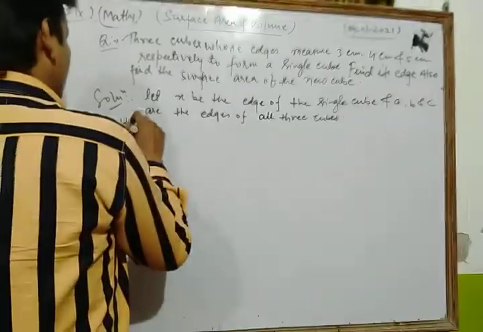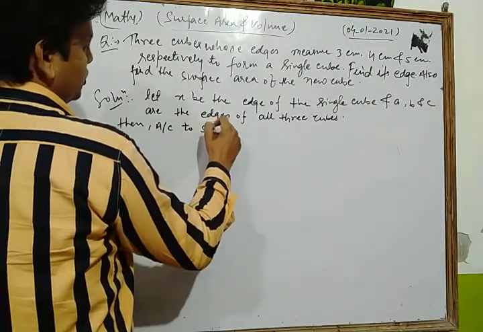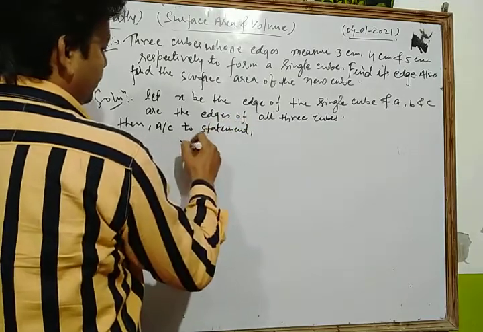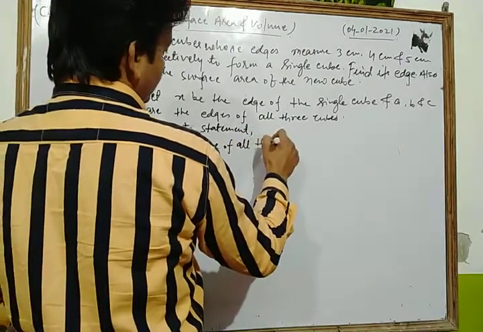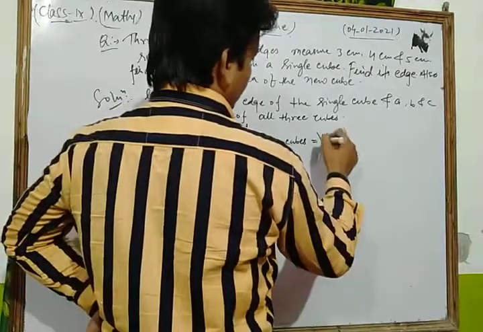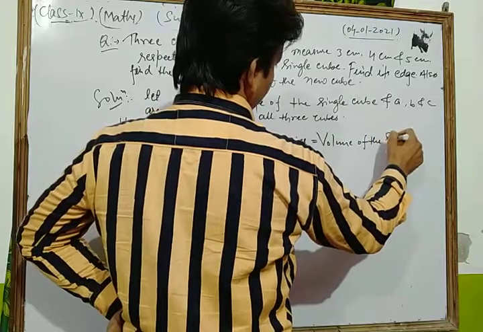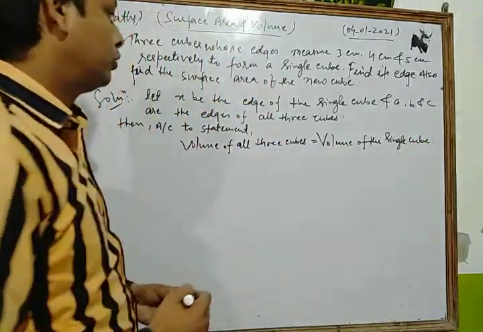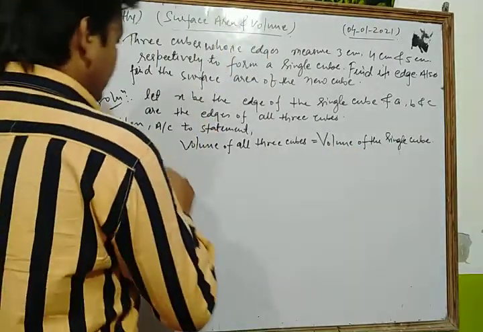Then according to the question, write in this way: volume of all three cubes is the same as the volume of the single cube.